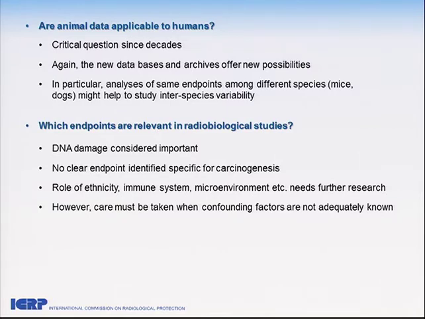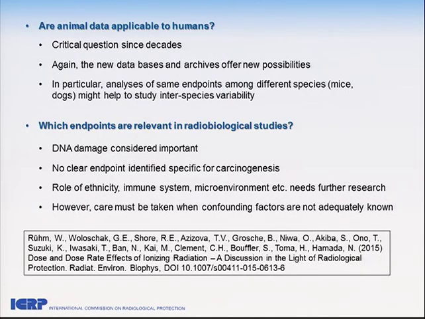There was a lot of discussion, and I will not give you all the details here, but all the participants in the workshop prepared a workshop report, which is now already published in Radiation and Environmental Biophysics, and there you can find all the details of these discussions.